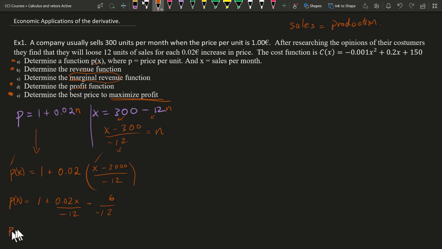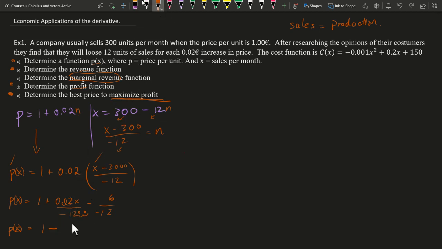Okay. So my price function is 1 plus, let's see, if I move my decimal over twice, basically multiply each by 100, the numerator and the denominator, I get 2x over 1200. And this is going to be a minus, by the way.